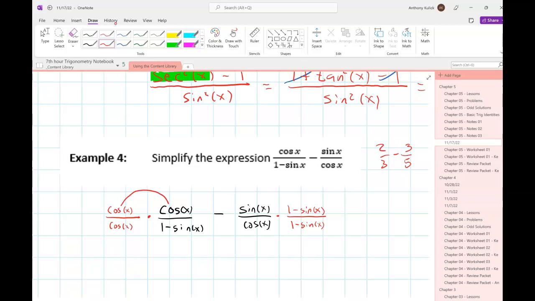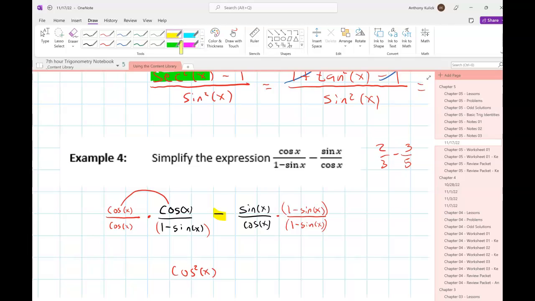So when I multiply cosine x times cosine x, what do I get? Cosine squared x. Great. And then I have my minus sign. Well, let's maybe not write that yet. And then I'm going to distribute.